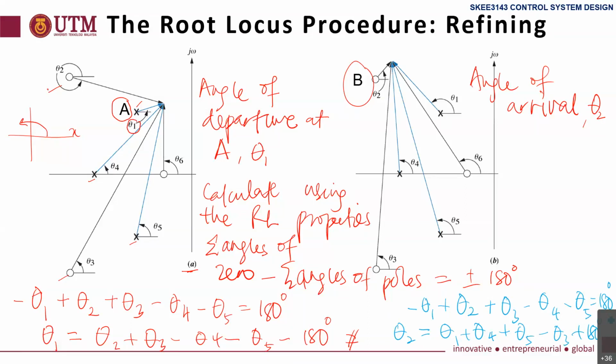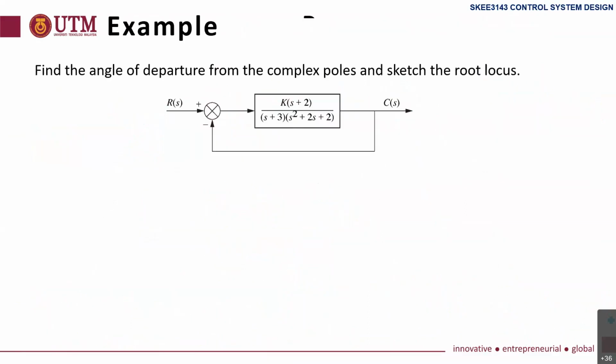Let's move on. We will do one example on how to calculate the angle of departure. Any question before we proceed? Find the angle of departure from the complex poles and sketch the root locus. First, we want to sketch the root locus.